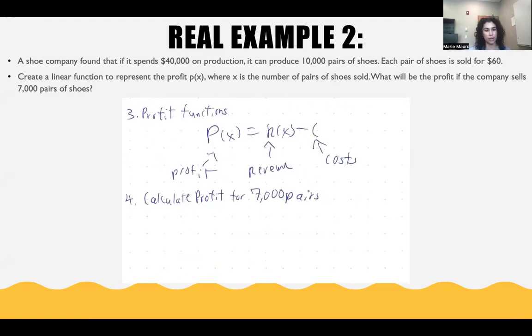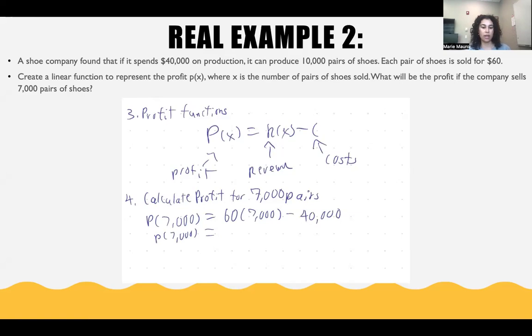So let's put it all together and include our values. So P of 7,000 equals the revenue, 60x. And we know that x is 7,000 pairs of shoes because that's how many we are selling, minus 40,000. So first, let's multiply 60 times 7,000.